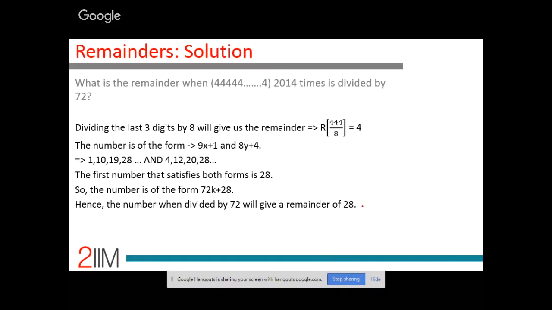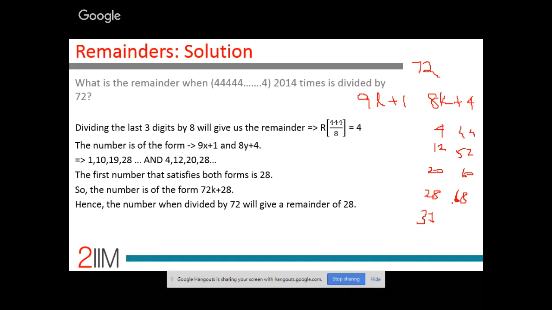Write this down. 9l plus 1, 8k plus 4. Got this far, but we want to divide this by 72 and find the remainder. So we're not worried about 9 and 8, we're worried about 72. So if the number leaves a remainder 4 on division by 8, then on division by 72, it could be 4 or 12 or 20 or 28 or 36, 44, 52, 60, 68.